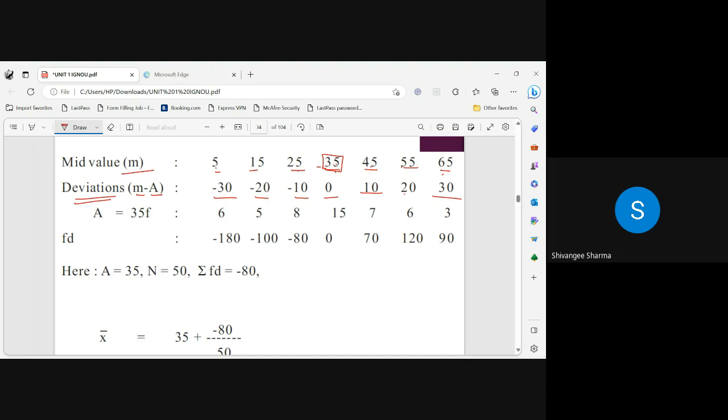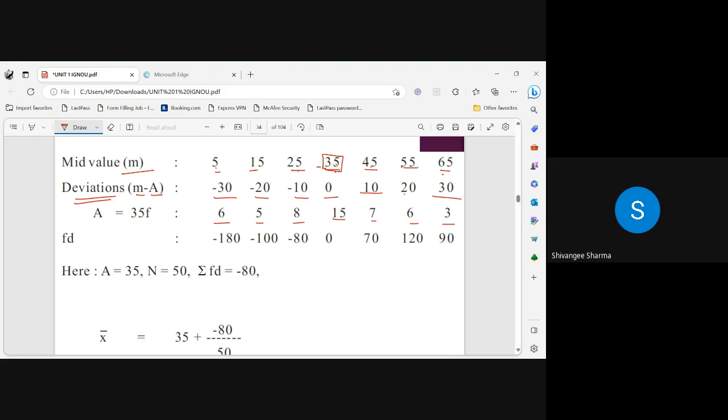So these are the deviations, and here the assumed mean is 35, right? Then these are the frequencies: 6, 5, 8, 15, 7, 6 and 3, which were given in the question.